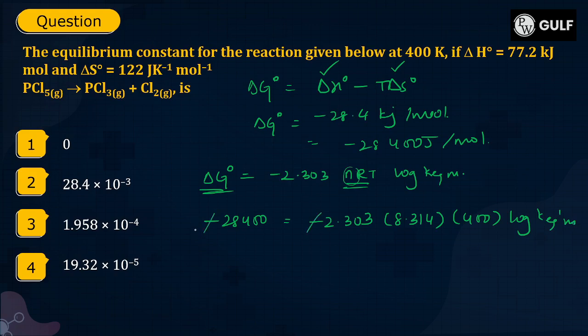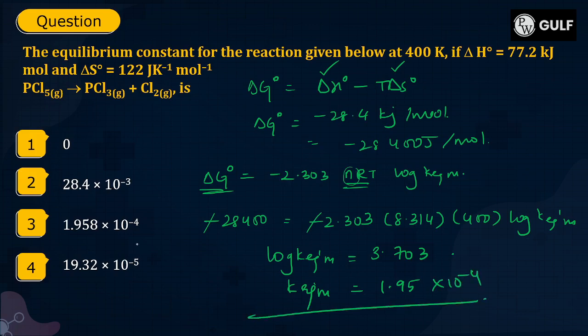Minus minus gets cancelled. Upon solving, you'll get log of K equilibrium as 3.703. So K equilibrium will be 1.95 into 10 to the power minus 4, which is option 3.